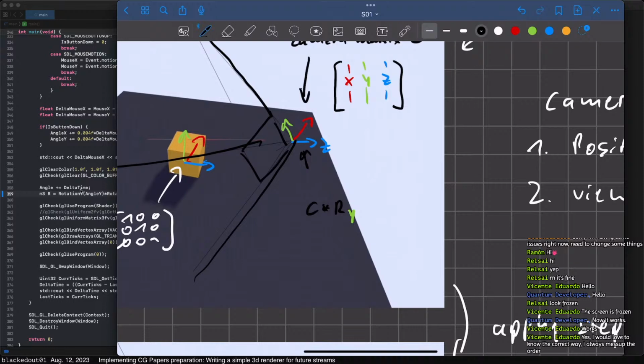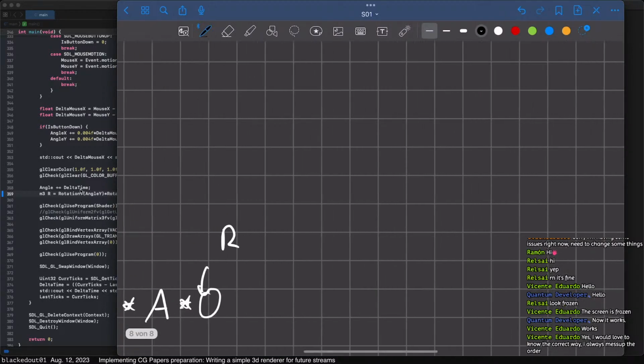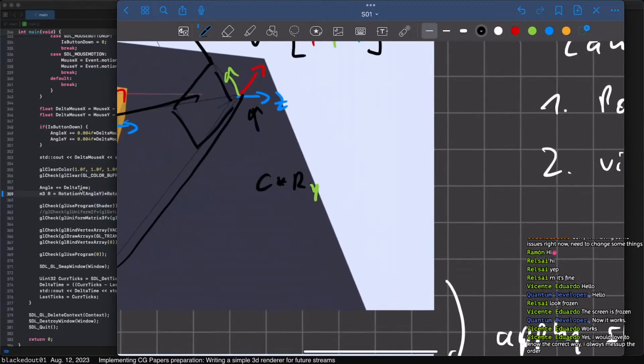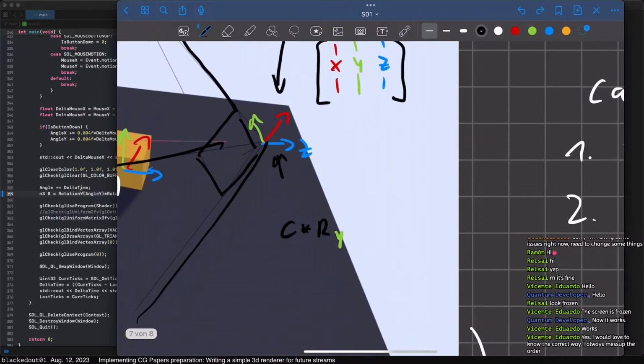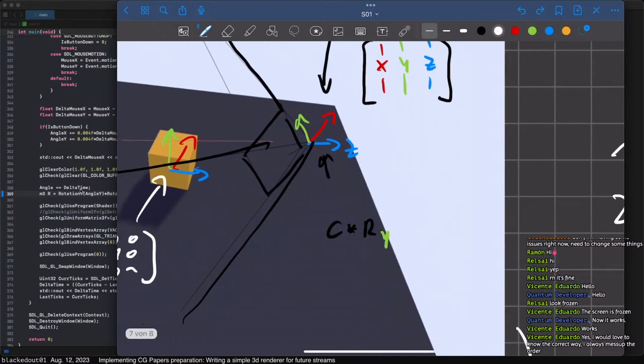So what is left from, wait, well, I meant right multiplication. I mix these up sometimes. So what this right multiplication does is it rotates in the local space of this coordinate system. I'm not sure how to visualize this, but it would not rotate around the global y-axis, which would lie here, because this is the global y-axis.